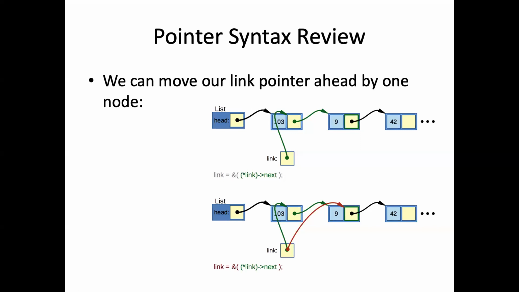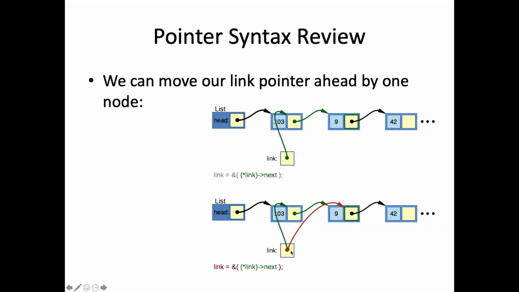If I just put an ampersand in front of that, then I'm asking about the address of the next pointer inside this next node, inside this node with the 9 in it. And if I take that address and assign it to link, well, now I'm saying I want link to point to that address, or at least to point to that pointer.